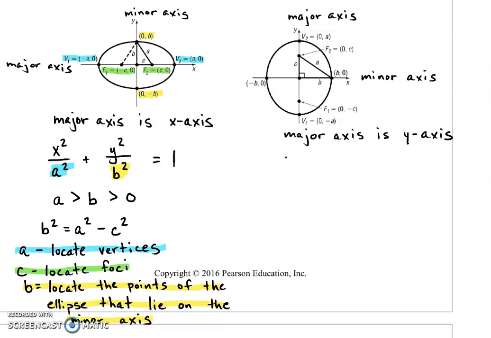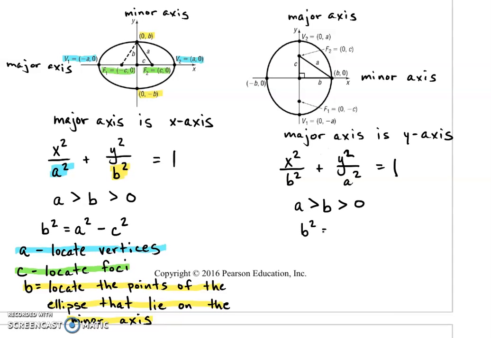The equation is almost the same, except the a squared and the b squared switch places. So a is still bigger than b, and they're both still positive, and we still find b squared by doing a squared minus c squared.